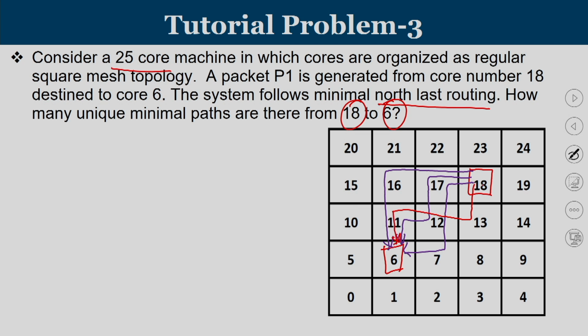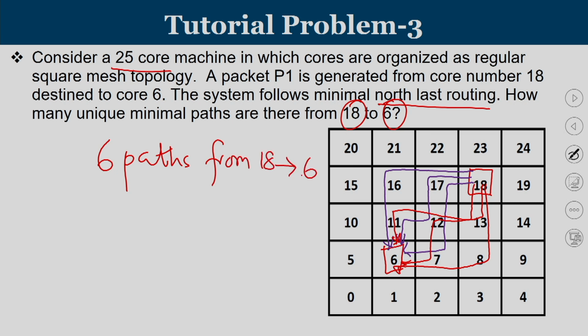The fifth path is 18, 13, 12, 7 and 6. And the sixth path is 18, 13, 8, 7 and 6. So, we have a total of 6 unique paths from 18 to 6.